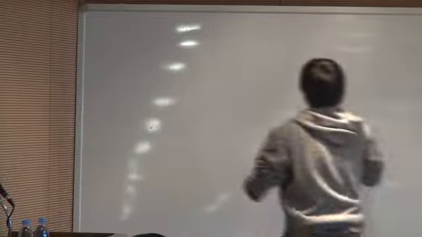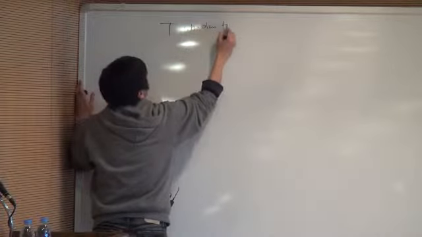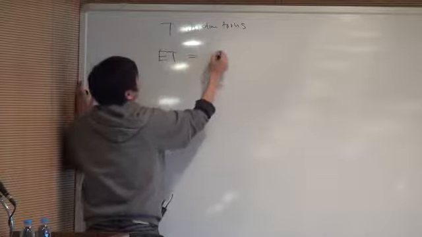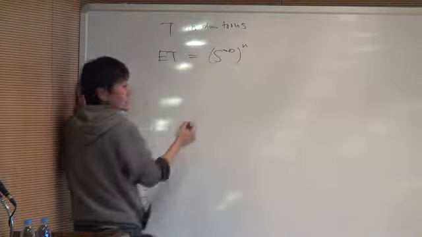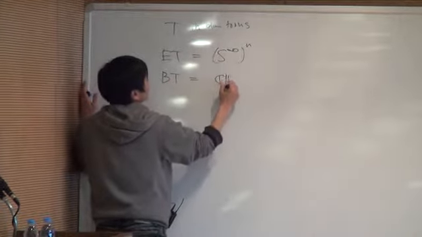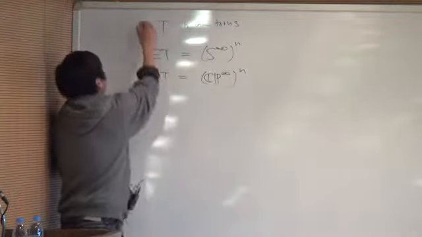Any questions so far? All right, so for circle action, the torus action will be, if T is any n-dimensional torus, of course ET is going to be S infinity to the power of n, and BT is going to be CP infinity to the power n. Okay?